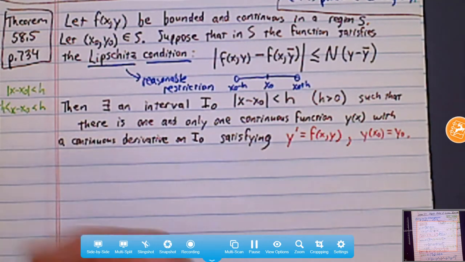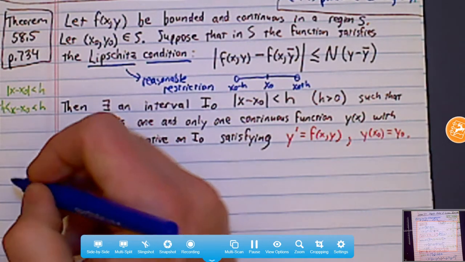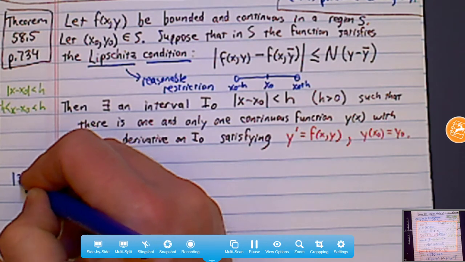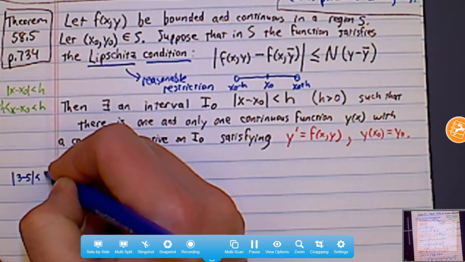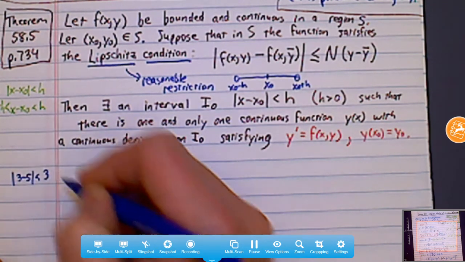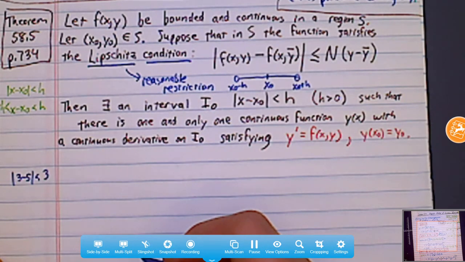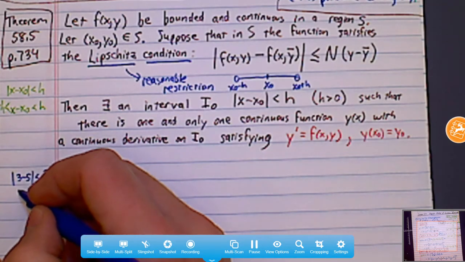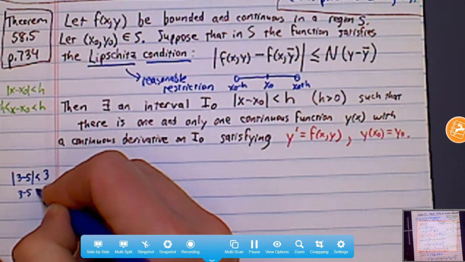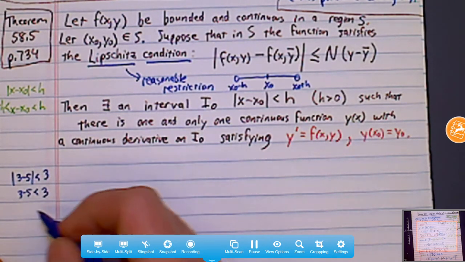Is it true that the absolute value of 3 minus 5 is less than 3? Well, yeah, it is. Because 3 minus 5 is less than 3, but it's also greater than what?